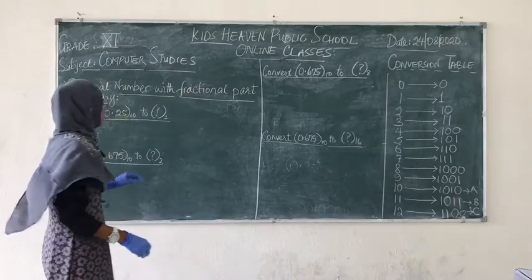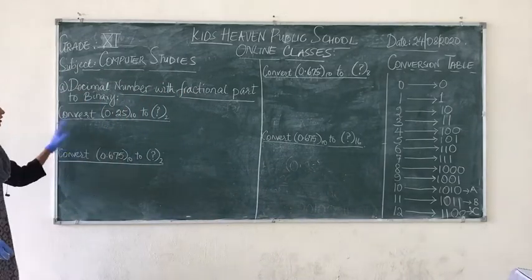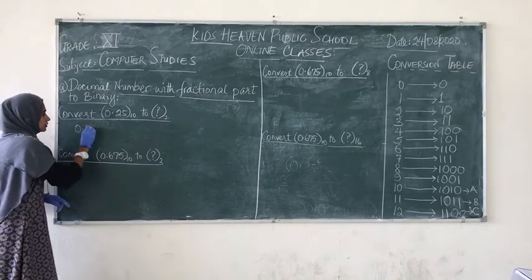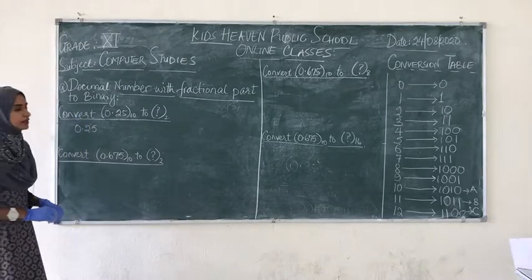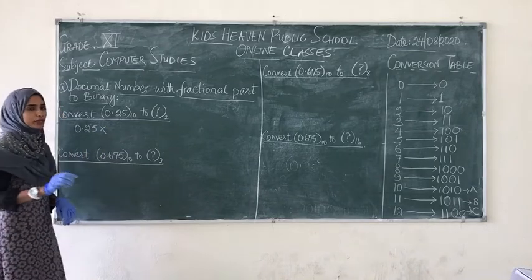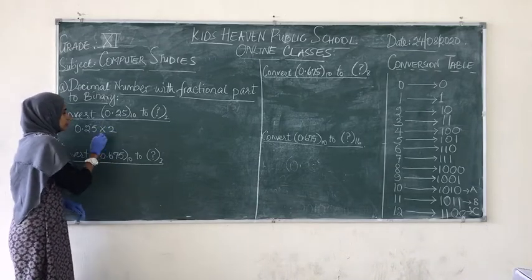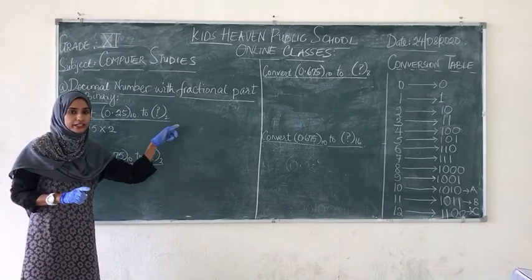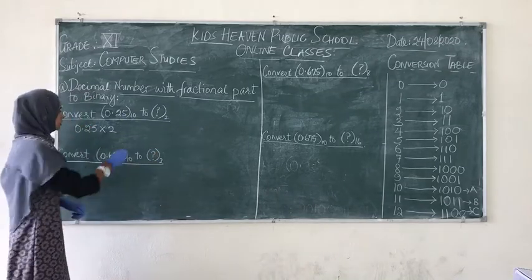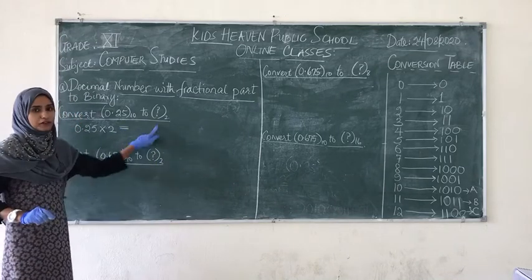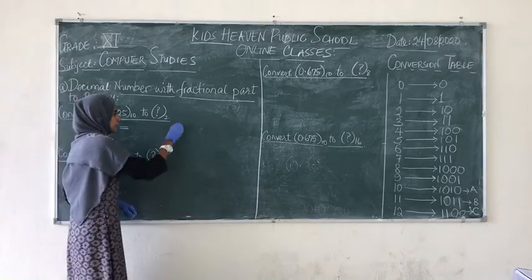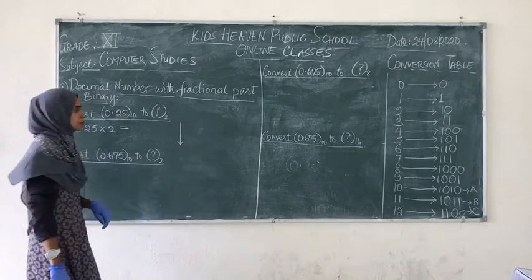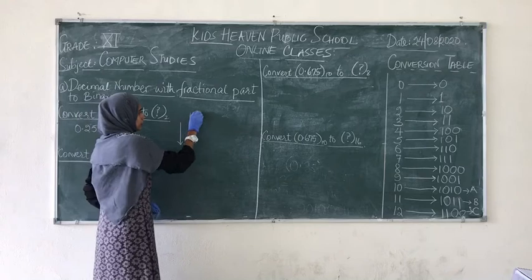Let's begin this. You will understand it better. The first thing we do, we write the number. The second thing we do, we multiply it by the base of 2, because we are converting to binary. Before we write the answer, let me tell you an interesting thing.